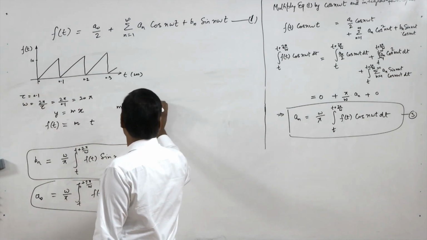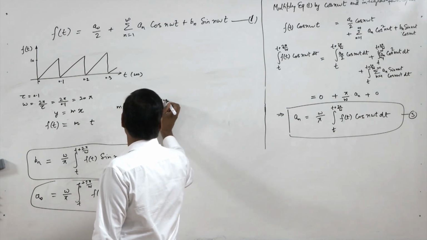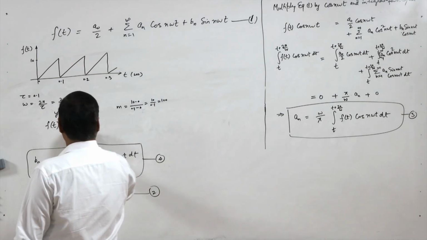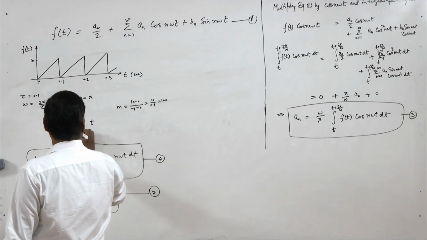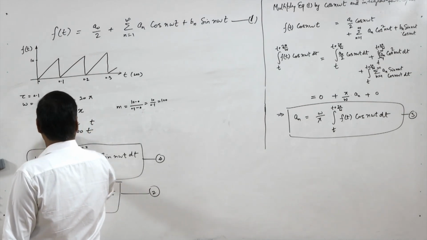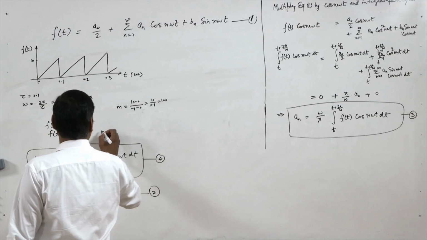So we have 10 by 0.1 equal to 100. So we can write f(t) equal to 100t.